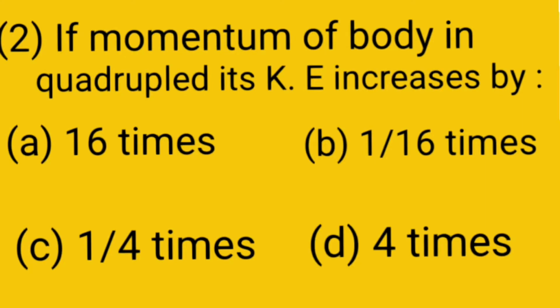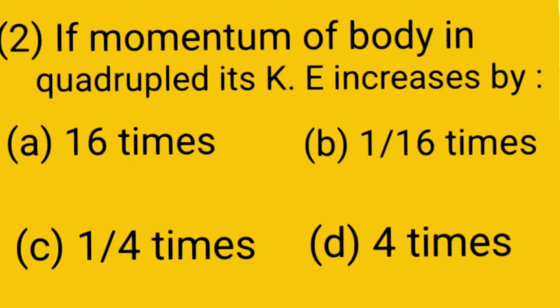The second MCQ, if the momentum of the body is quadrupled, its kinetic energy increases by. This we will have to solve and I will show you how to do it. Okay, as we know, the formula of kinetic energy is equal to half mv square.